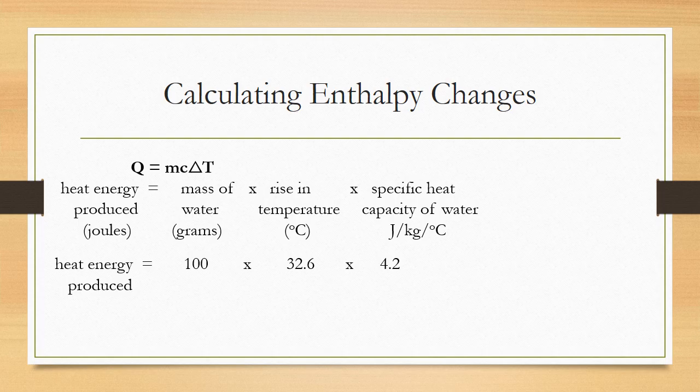I probably should have put that in the question before I fired the answer at you. But if you bung in the numbers, you get 13,692 joules for 0.46 grams of ethanol.